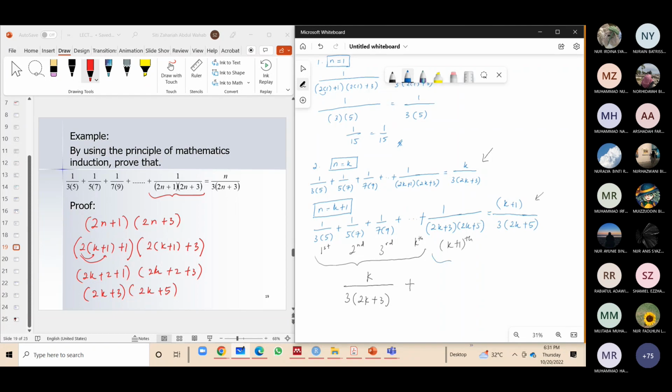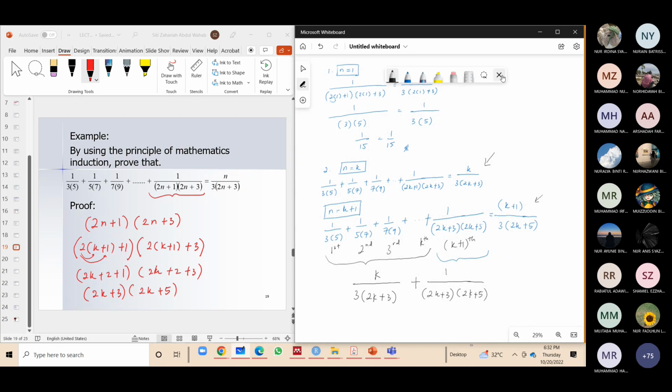We have to add the (k+1)th number. So the (k+1)th number is 1 over (2k+3)(2k+5). Can you understand until here?